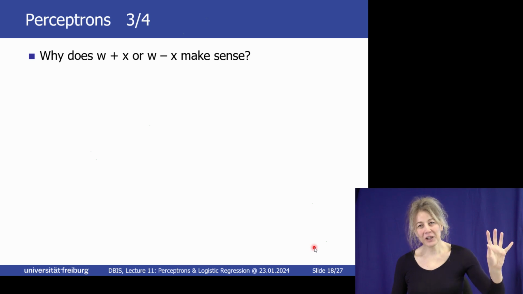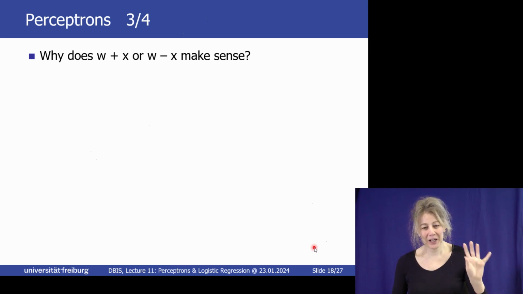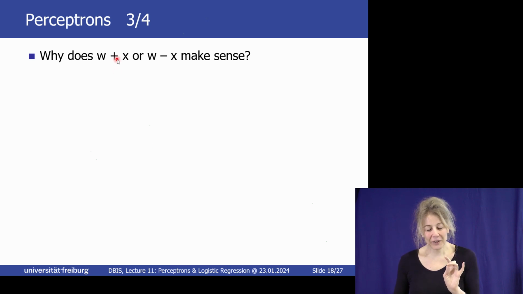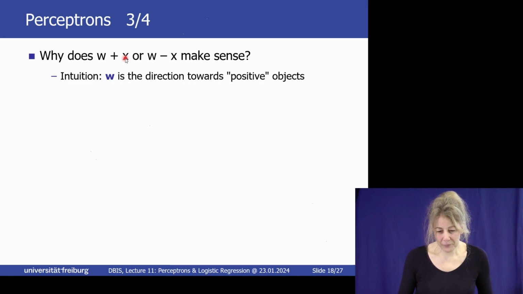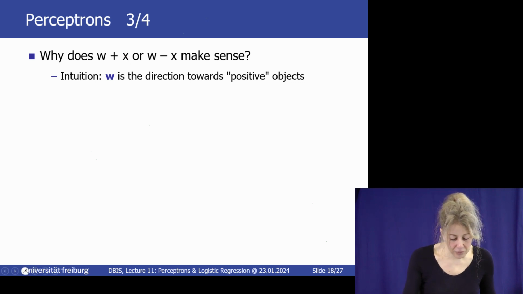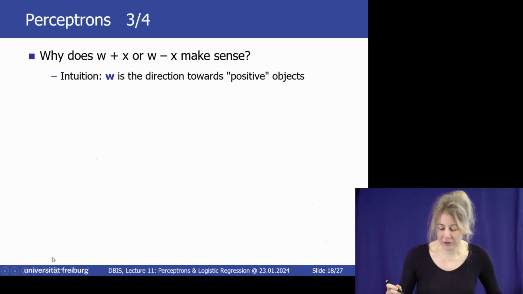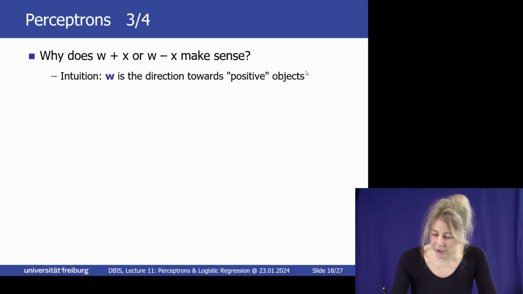Now there's a lot of theory behind the perceptron. We won't do that, of course, but just this one slide, why? Really you should think this doesn't make sense. Why does it make sense? So here's one intuition. That's maybe not a very good intuition, and then I will give something more formal but very simple.